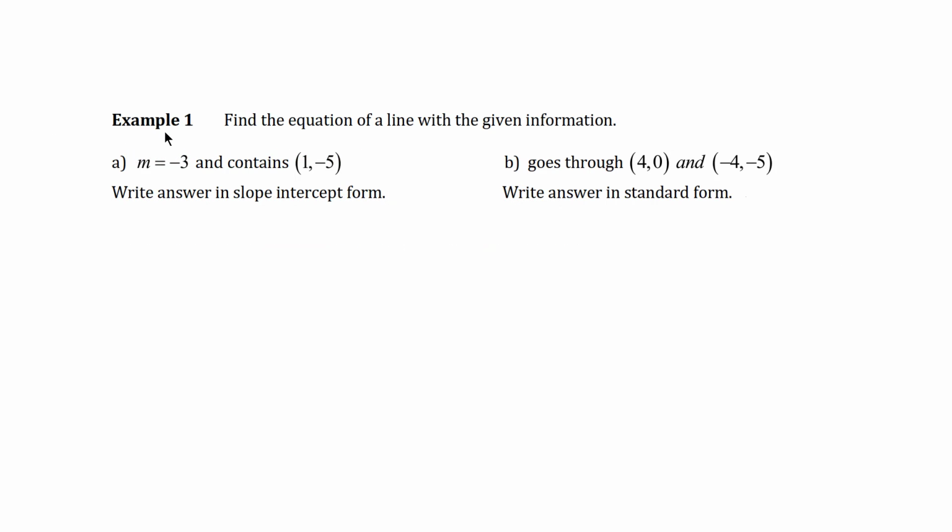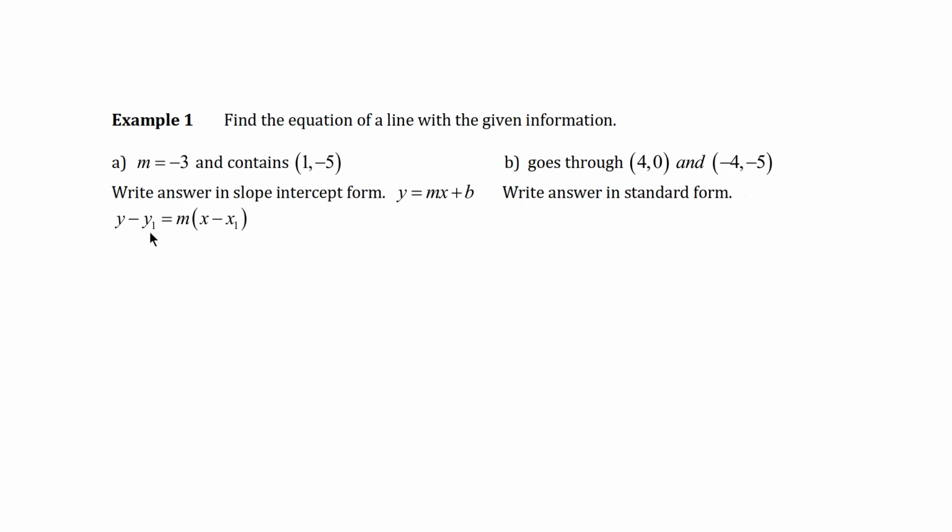For example number 1, find the equation of a line with the given information. For part A, we're given the slope m equals -3 and the point parentheses 1 comma -5 close parentheses. We also need to write our answer in slope-intercept form, which is y equals mx plus b.